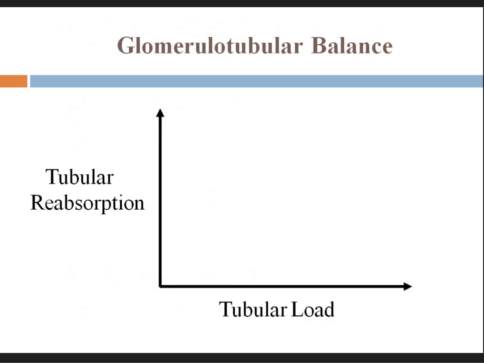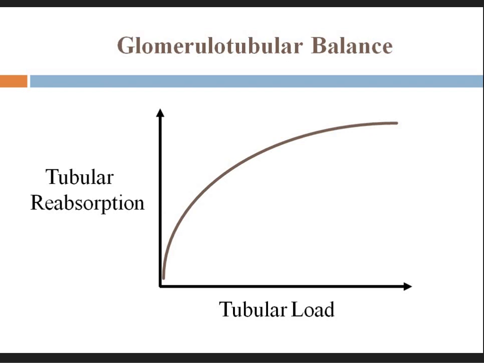So for tubular reabsorption, the first mechanism is the glomerular-tubular balance. It explains the direct proportionality of the tubular reabsorption to the tubular load. That means whatever amount of load is received by the tubules, which depends on the GFR, is directly proportional to the tubular reabsorption.